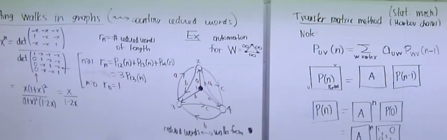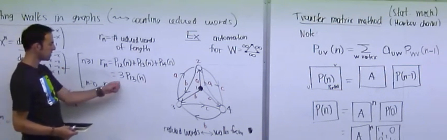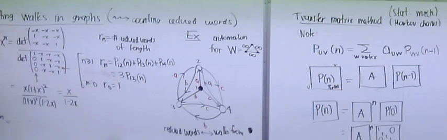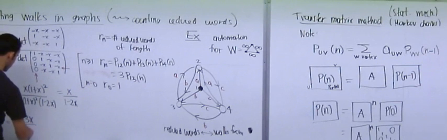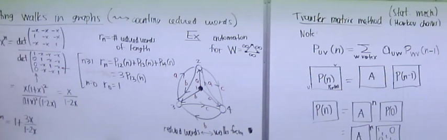So that means that the summation of R of n, x to the n, n bigger than or equal to 0, is basically 1 plus 3 times this one. And there you have it. That's an explicit formula for the generating function of the number of reduced words of length n. Okay?